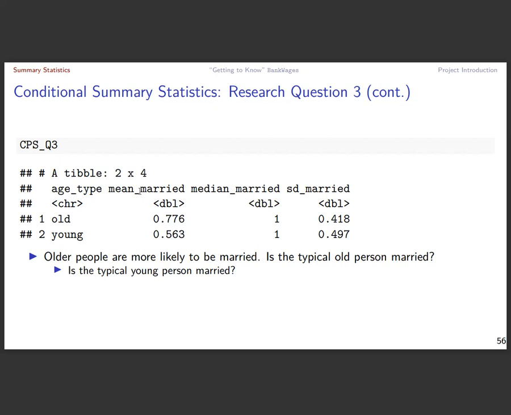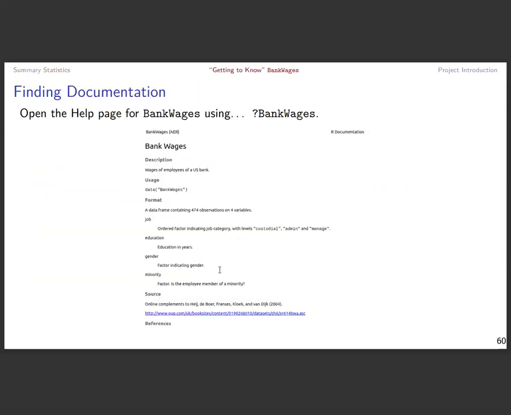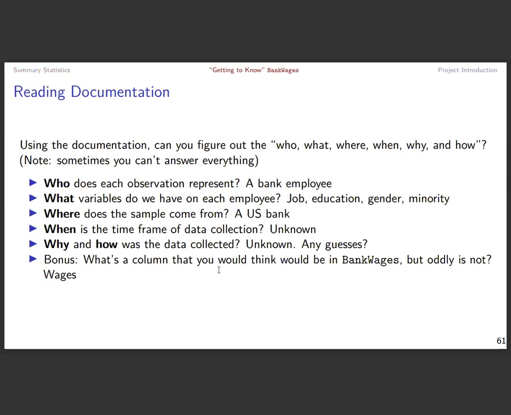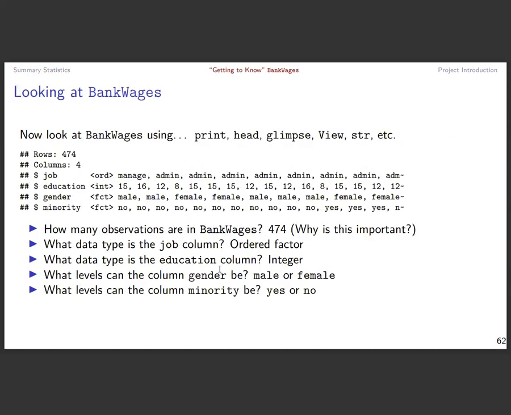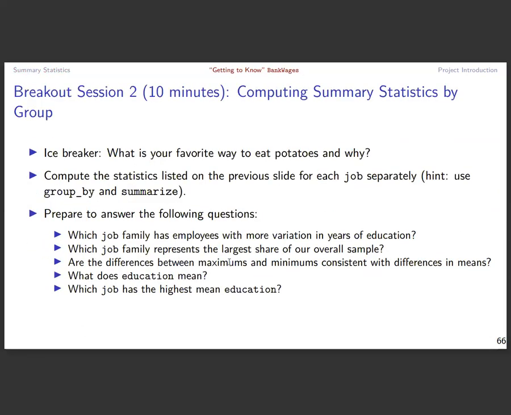All right, so we didn't get through everything, that's not a problem. I think it's better for people to understand than to just cram through. There's this bank wage data, nothing really new there in terms of what we've already done. The important part here is all about group by and summarize.